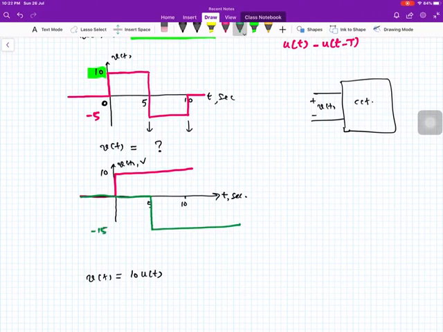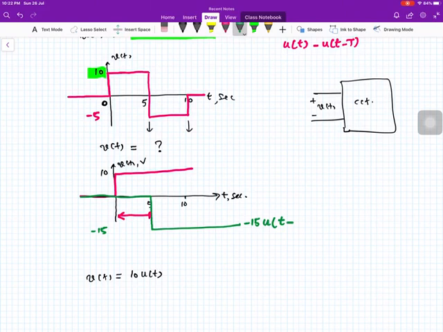Now this signal is basically derived from a unit step, as its amplitude is 15 but with negative sign, and the origin is shifted to the negative side. Look at this, the origin was here and it is shifted to the negative side by an amount of 5 seconds.